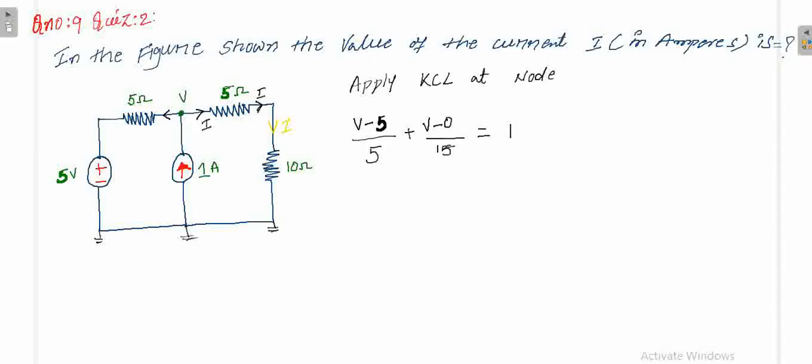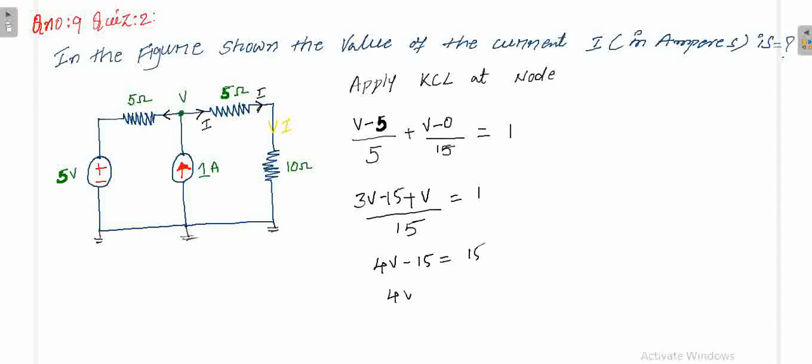Let us take the LCM. By taking the LCM you will get 15, so 3 times: 3V minus 15 plus V equal to 15. From this we get 4V minus 15 equal to 15.